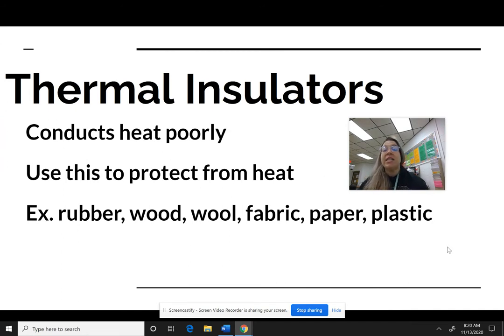So you might see these used in oven mitts or things like that, because when I take my metal pan out of the oven, all full of deliciousness and hot gooey cheese, clearly I must be hungry, you want to use something that's not metal. If I were to put my hand in a metal glove and then stick it in the oven, ouch, I'm going to burn myself. So instead, I'm going to use a mitten made of rubber, wood, wool, fabric, or even plastic. There are different silicones and things like that.